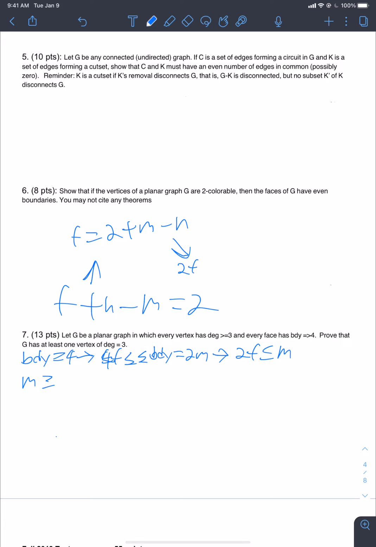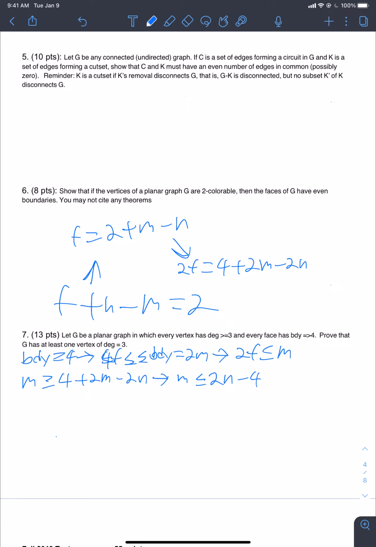So 2f equals 4 plus 2m minus 2n. So anyway, with that out of the way, back to the original one. We have m is greater than or equal to 4 plus 2m minus 2n. And if we rearrange the things a little bit, we can get that m is less than or equal to 2n minus 4.